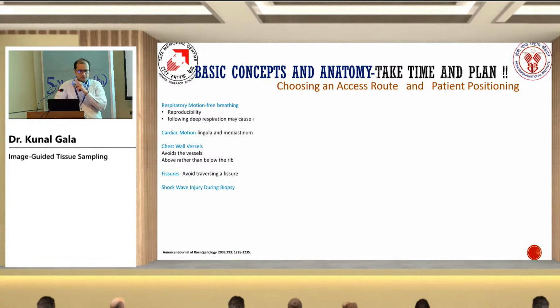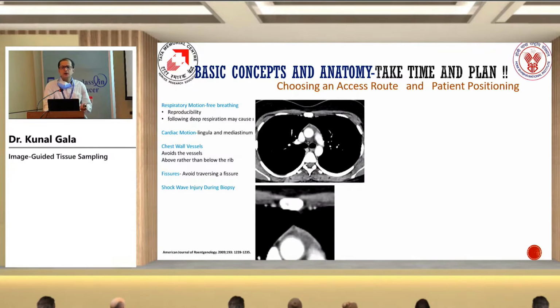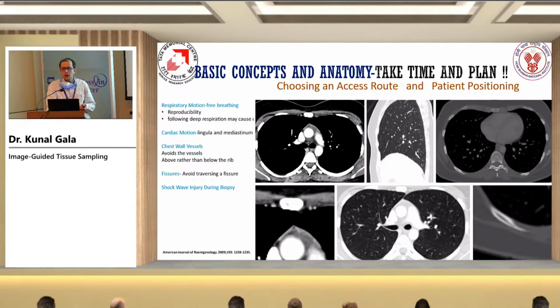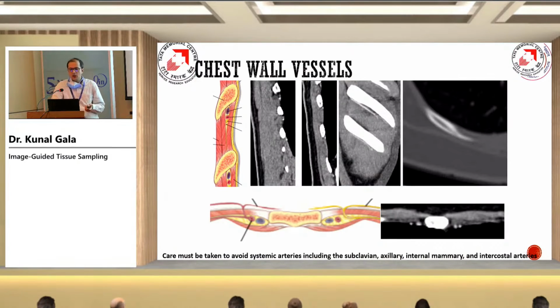For some of the basic concepts and anatomy for a CT guided procedure, one needs to take care about the internal mammary vessels which are located on either side of the sternum. Another is the fissures and the pleura, and a third is the rib. So always remember, when we are penetrating, the intercostal vessels and nerves are located inferior to the rib.